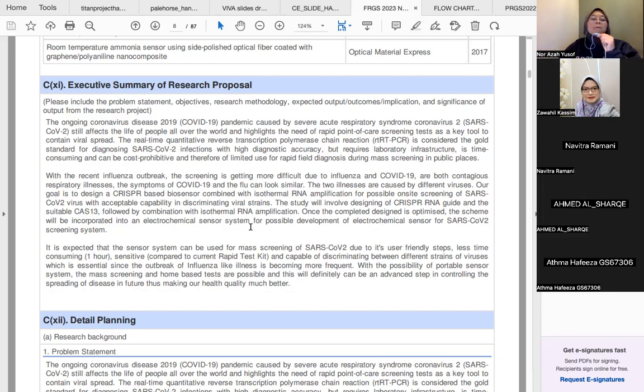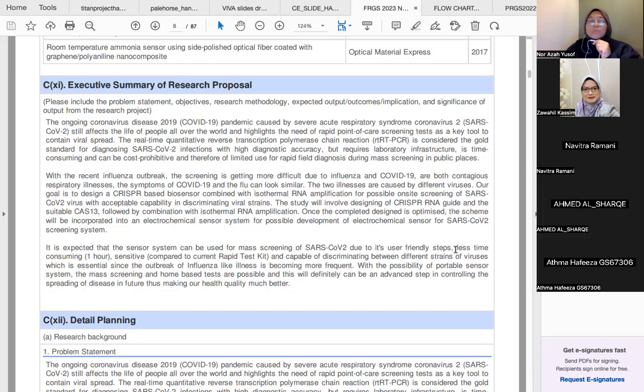All right. So now the last part, which is the expected outcome and the significance. It is expected that the sensor system can be used for mass screening. This is what my team imagined. And due to its user-friendly steps and less time, this is the significance or the outcome.